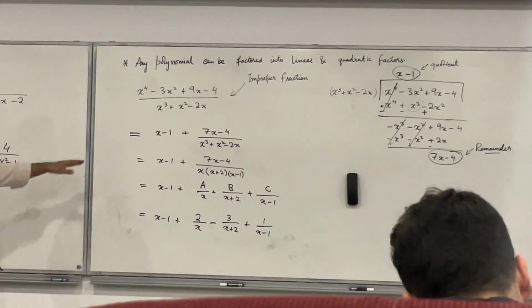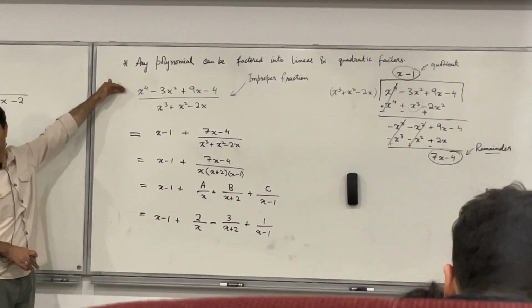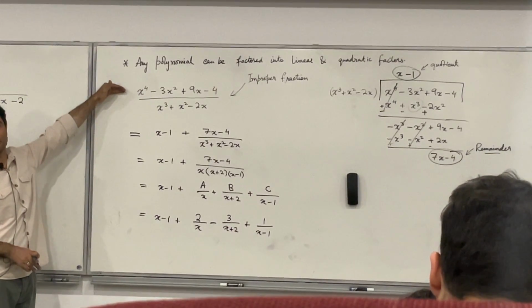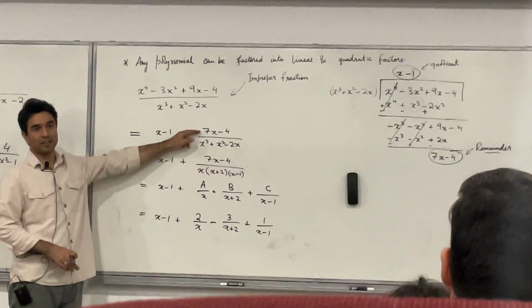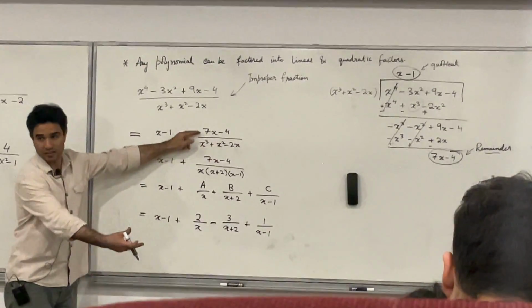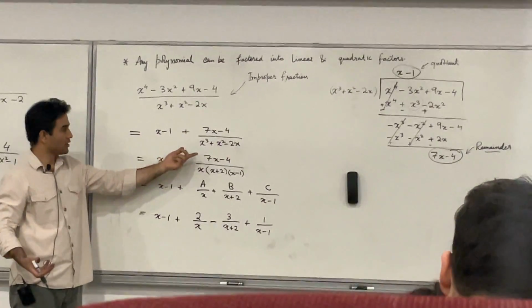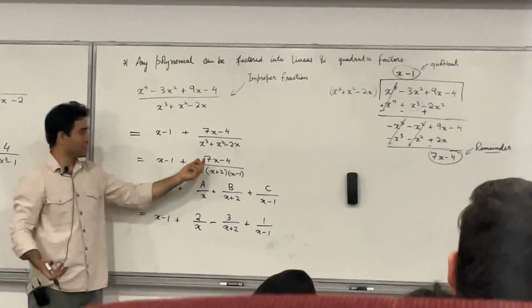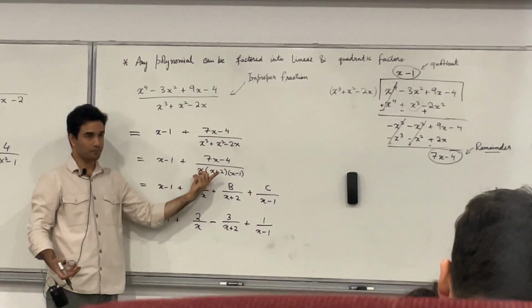Right? So this expression, the numerator had higher degree. So you first long divide until you get the numerator to have smaller degree, and long division is done until you get a remainder of some smaller degree. So you always can do this. You come to this point, now you factor the denominator as much as you can.